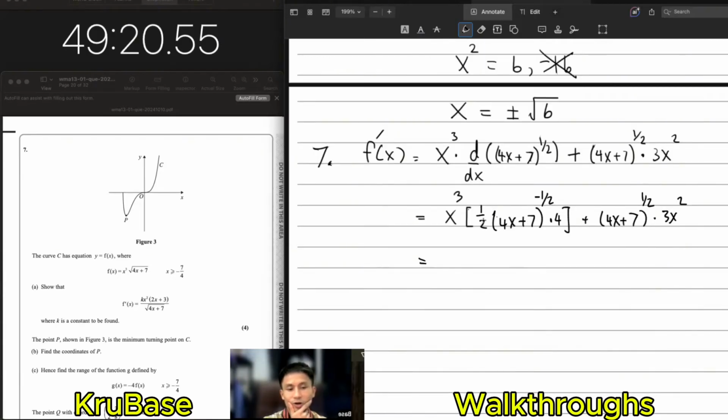Okay. So minus 1 over 2 cancels with 4, get 2. What can we do? Okay, it seems like it wants you to bring that down. Okay, right. So if I rewrite this in fraction form, I get 4x to the 3 divided by, so this is a power of minus. You can bring it down, so it would become 4x plus 7 to the 1 half.